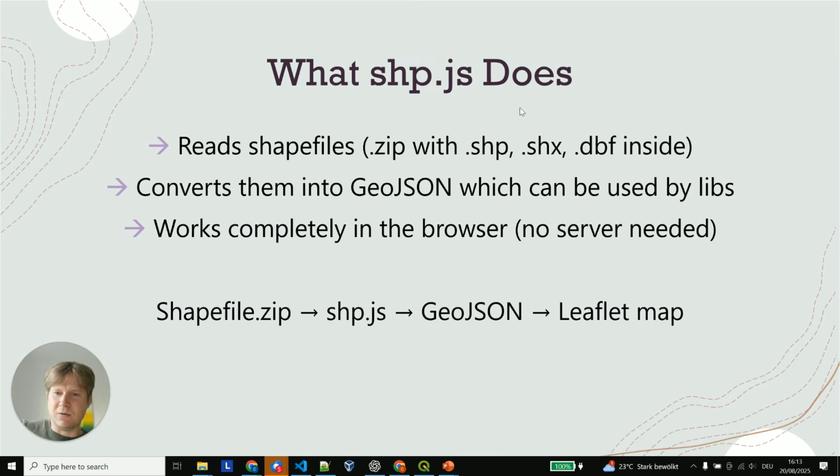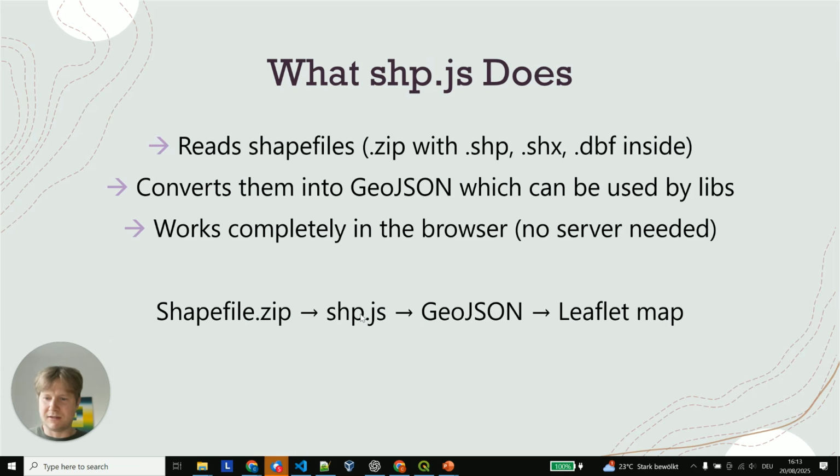So basically what Shp.js does is it reads a shapefile, okay, if it's a zip with all of the files inside, converts them into GeoJSON, which can be easily used by most of the WebGIS libraries and works completely in the browser, okay, so you don't need any server if you don't want to.